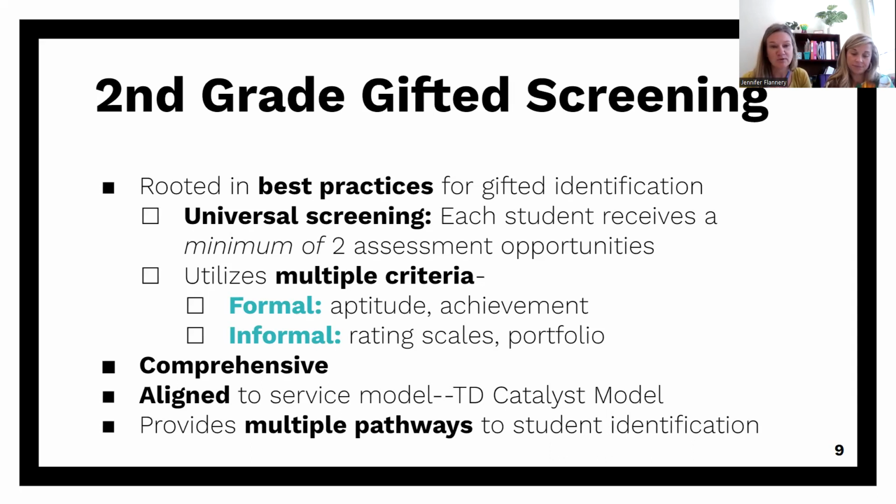And then we have informal assessment opportunities, which are the gifted rating scales and our portfolios. These are comprehensive and they're aligned to the service model of the TD Catalyst. All of these provide multiple pathways for student identification.